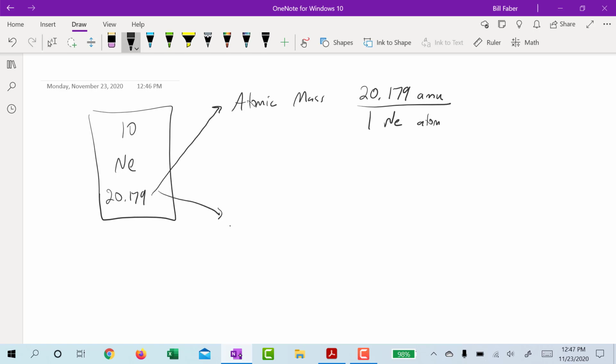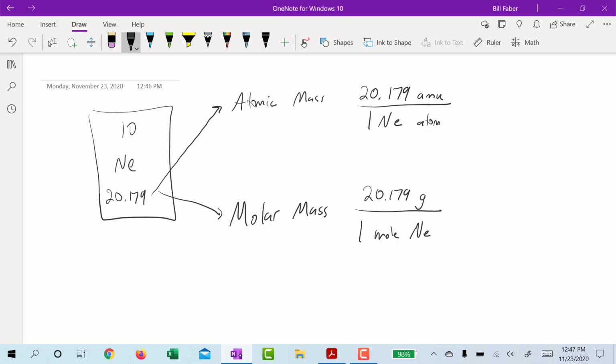Or you can say what we call the molar mass, the mass of 1 mole of these, so 20.179 grams in 1 mole of neon. And you can see that that is so much more useful, because 20 grams I can measure out, and then I'd have a mole of neon.